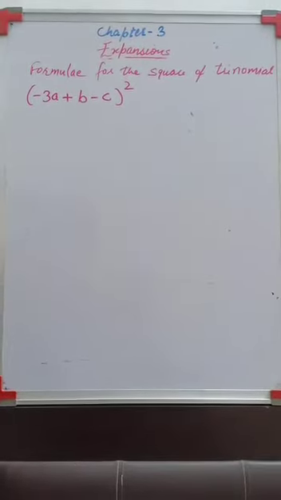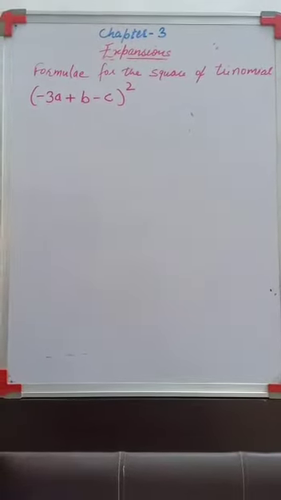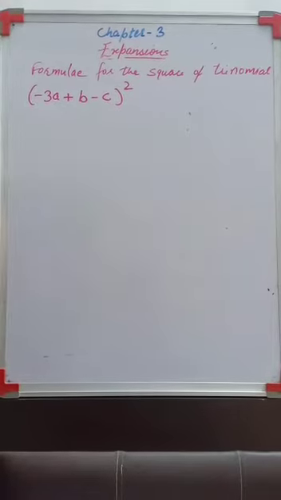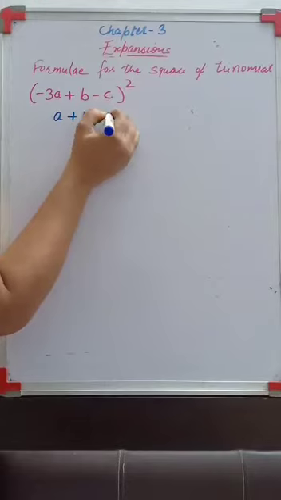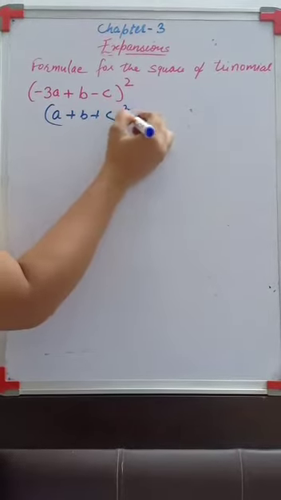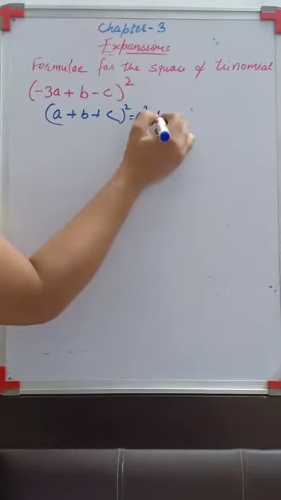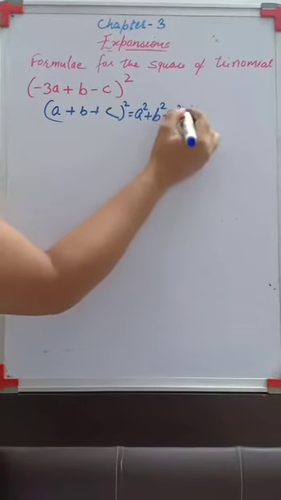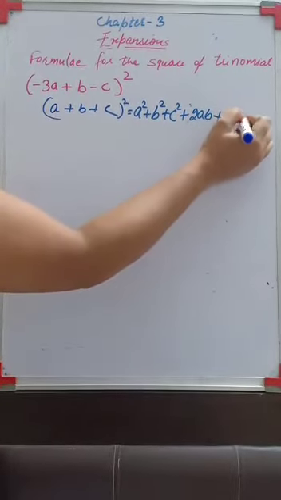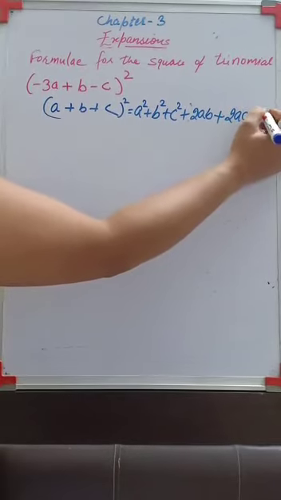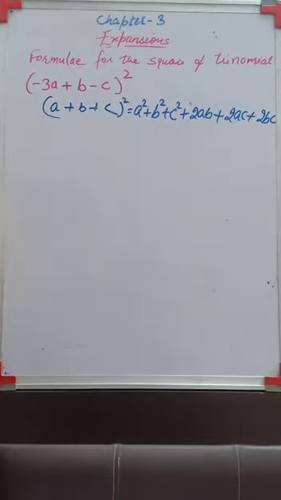Now see over here, this is the trinomial, right? So we will be having the formula (a plus b plus c) whole square is equal to a square plus b square plus c square plus 2ab plus 2ac plus 2bc, right?